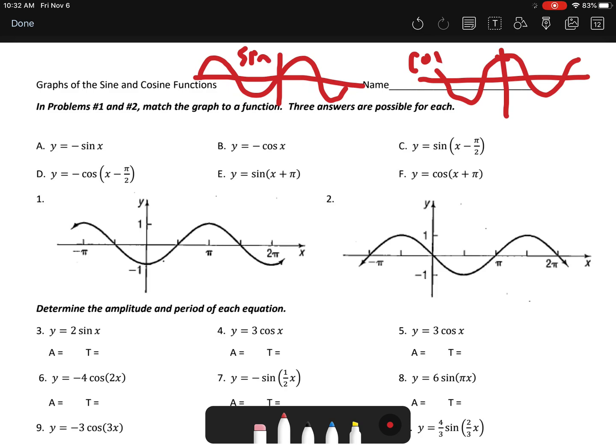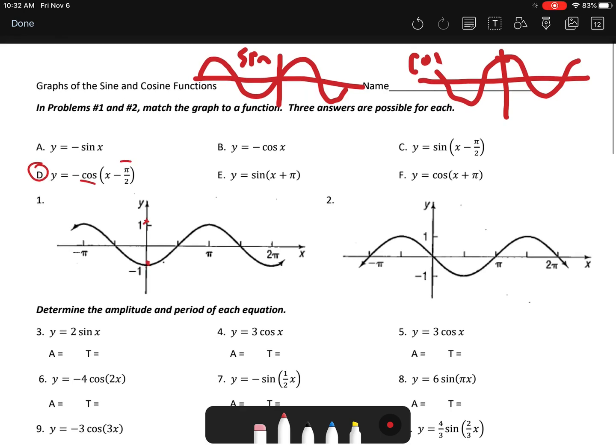So I'm going to grab, let's say D for a moment. Okay, first of all, it's a cosine. So we know it should start at 1, because the cosine of 0 is 1. Well, the negative means it would start at -1. Hey, look at that. But then this says, since it's in parentheses, remember, we go right pi over 2.